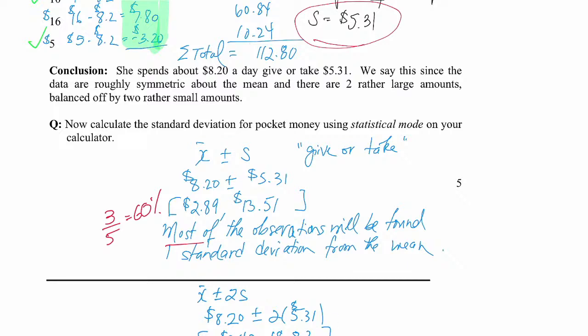So now, within 2 standard deviations, we find all of the data. Everything falls within there. So we are able to represent with 2 numbers an expression that captures how spread out the data are.